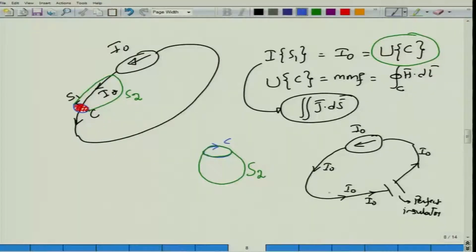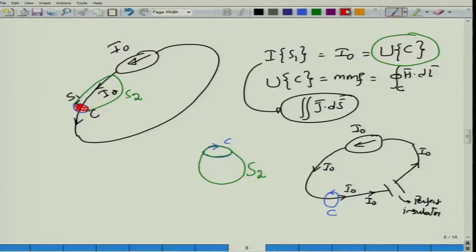Watch what happens. Let us initially consider the same loop, okay. So since the current is coming out in this particular way, I will orient my contour along this way. So this is the contour. So there is no problem with the MMF. The MMF is equal to I0 because I0 is entering and I0 is leaving. And if you integrate the magnetic field around this blue curve, you essentially obtain the magnetomotive force.